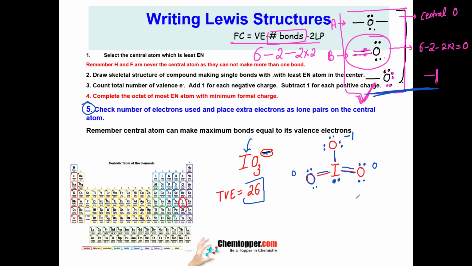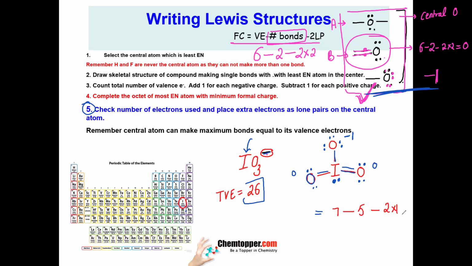What's the formal charge on iodine, children? No, Gautam, again error. How many valence electrons does iodine have? 7. Out of 7, how many are used for bonds? 1, 2, 3, 4, 5. How many are there as lone pair?